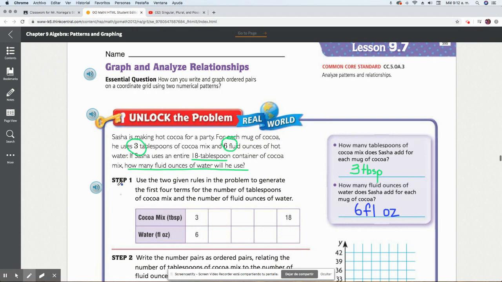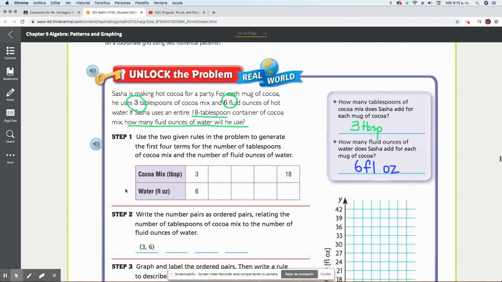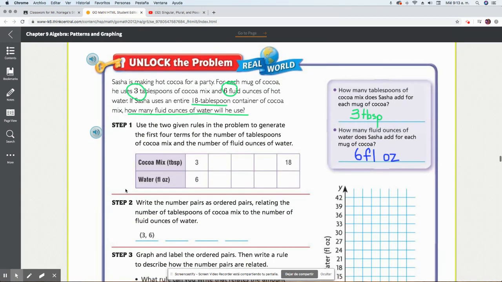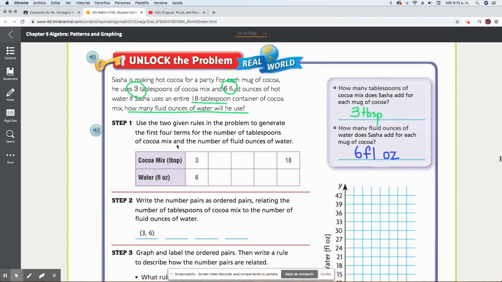Okay, now step number 1. So let's go ahead and take a look at step number 1. Use the 2 given rules in the problem to generate the first 4 terms for the number of tablespoons of cocoa mix and the number of fluid ounces of water. Maybe you're thinking, but what are the 2 given rules in the problem?